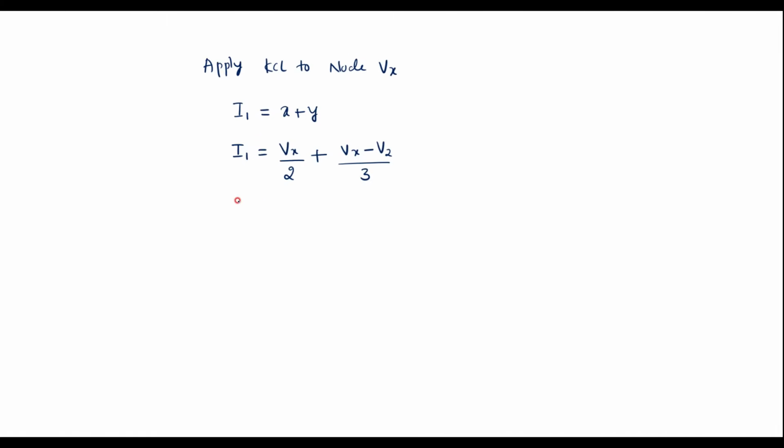Let me simplify this. I1 is equal to Vx by 2 plus (Vx minus V2) by 3, or I1 is equal to Vx (1 by 2 plus 1 by 3) minus V2 by 3. Let me simplify this further.